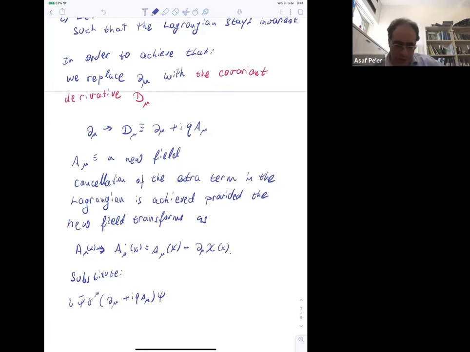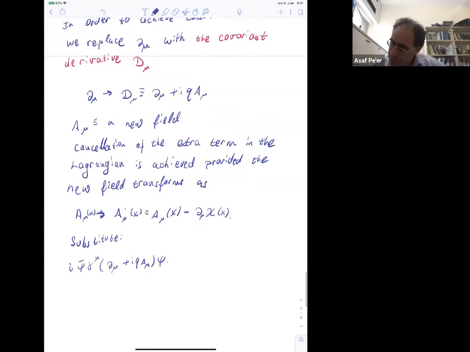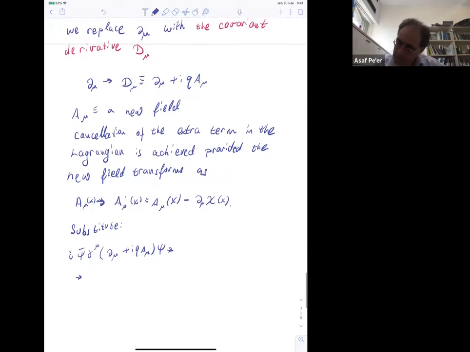How does that transform? So that transforms into i psi bar e to the minus i q chi gamma mu d mu plus i q.